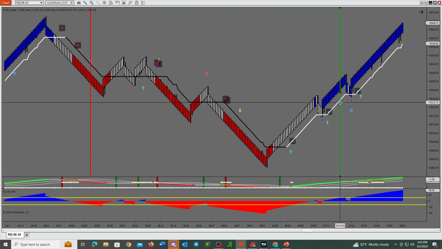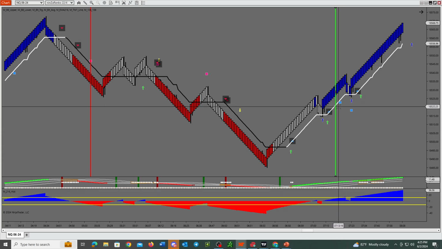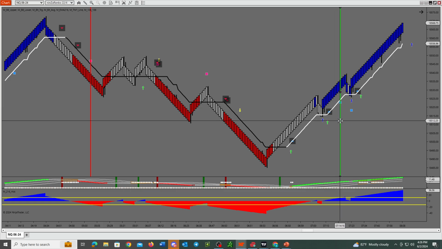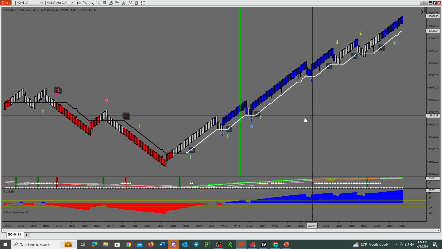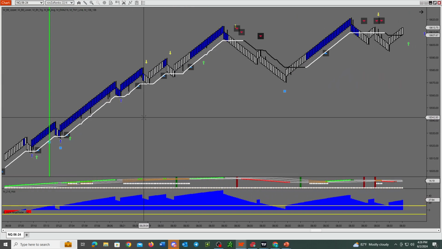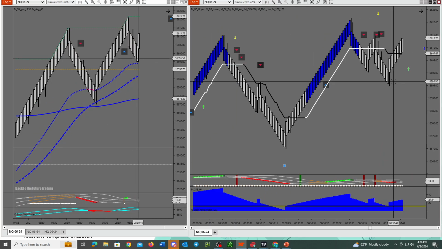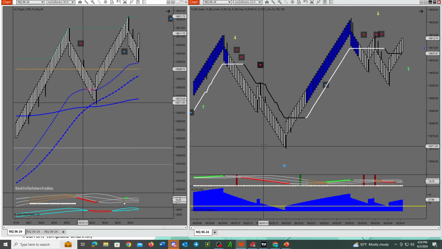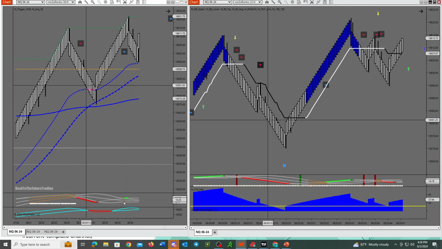And then here is the first probe above the trend threshold. So we get the first little Dodge blue square there. And of course, that's a really nice trade right there. What I like about this is it stays with the trend. This is a big old pullback.